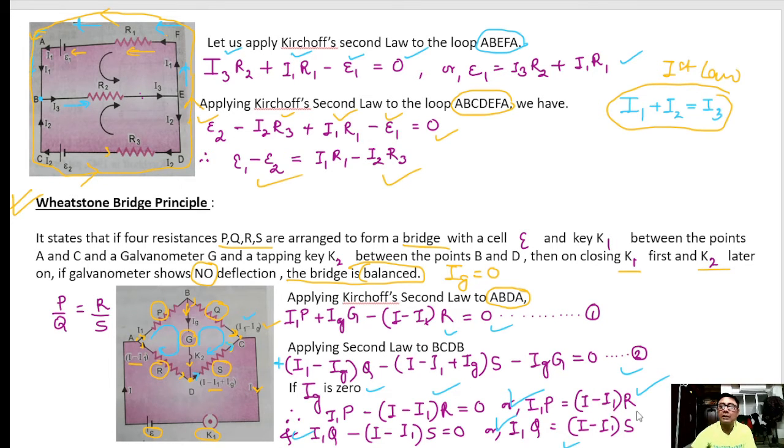I1 cancels, and from here we get the relation P by Q equal to R by S.